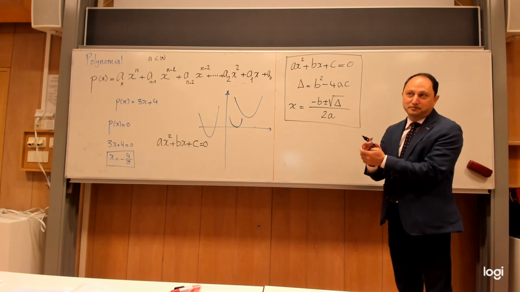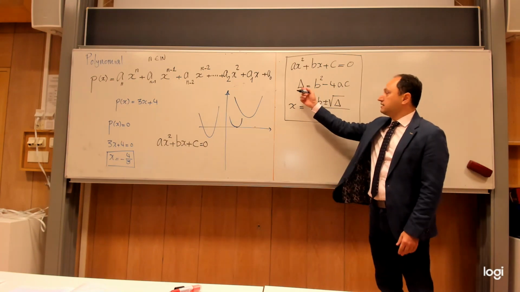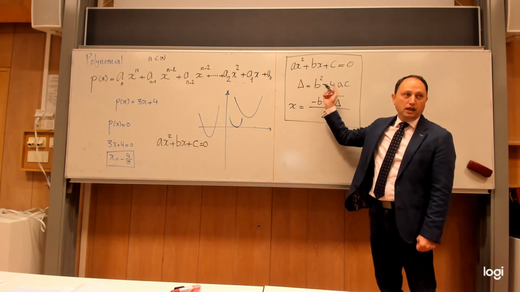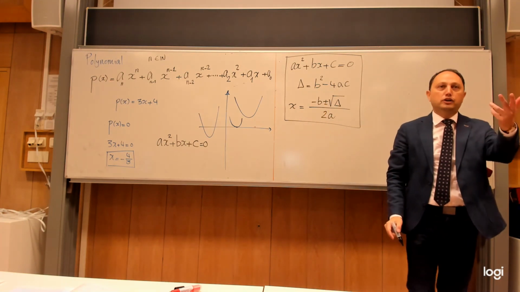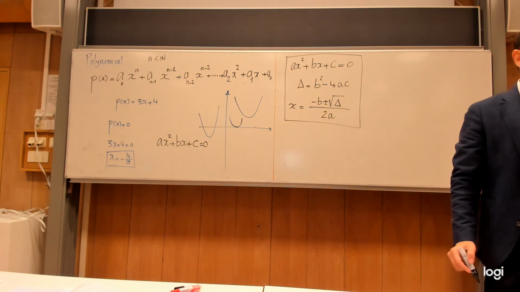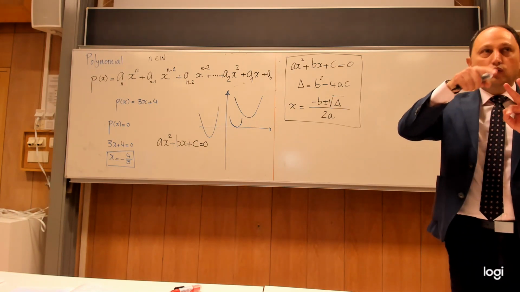Yes, Rocco? It's depending on if delta is positive, equal to 0, or negative. Because delta is at the end of the day a number. B, A, and C are numbers. If you calculate this expression, it gives you a number. And for a number, there are 3 possibilities: either the number is positive, or negative, or 0.